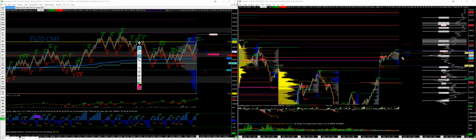I'll bring in the value area. Brief test lower. Take out the high of that balance area, this balance area. So the high of this balance area is around 64, 65, 65 quarter, which is the overnight high. Take out the gap.